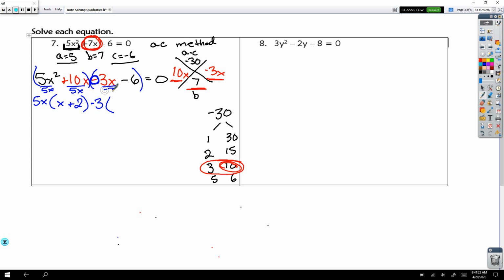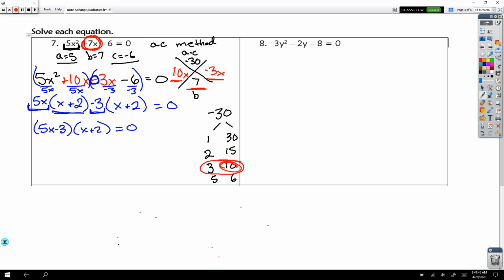So divide by negative 3. That would leave me with x plus 2. So my two factors would be the outside stuff, 5x minus 3, and the inside stuff, x plus 2.